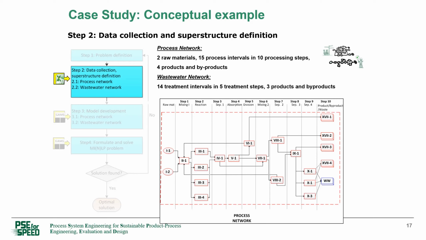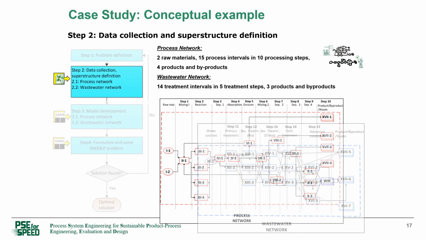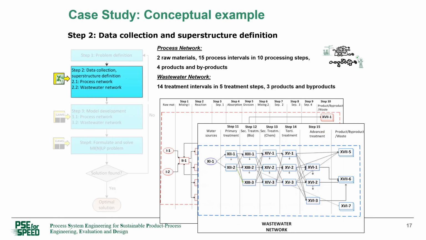So then we have this flow sheet, but we don't draw the flow sheet. Actually, SuperO draws that flow sheet. And then we have the water network. Looking at the publications of wastewater treatment, we could identify different techniques for different separation parts, and then we created the network.